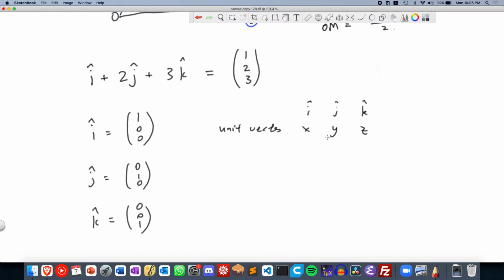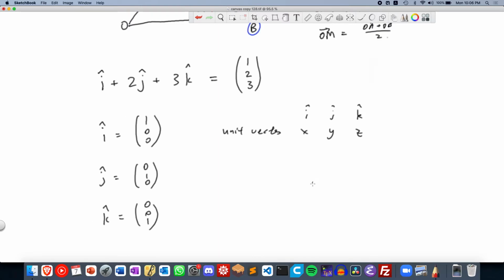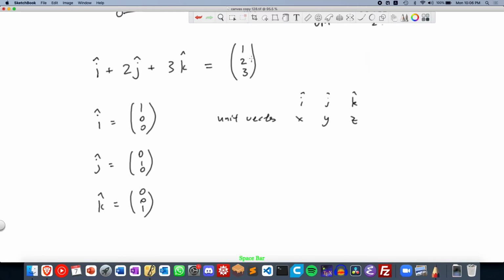They're unit because their length is 1. You'll often see questions written this way because it's easier to type for them, they don't want to write the column.